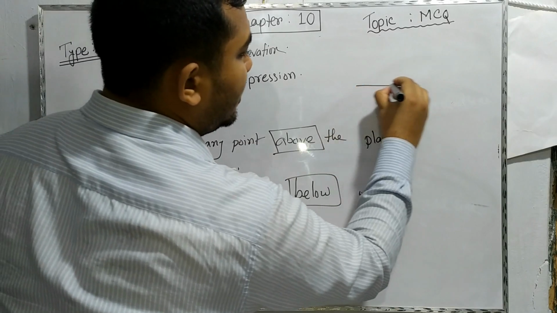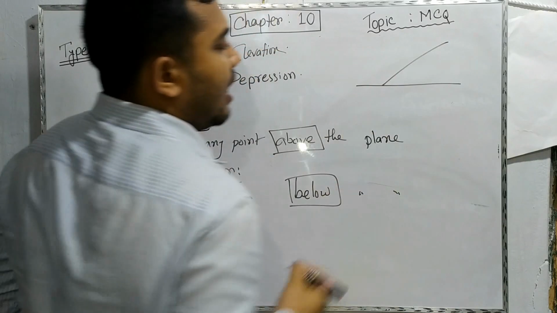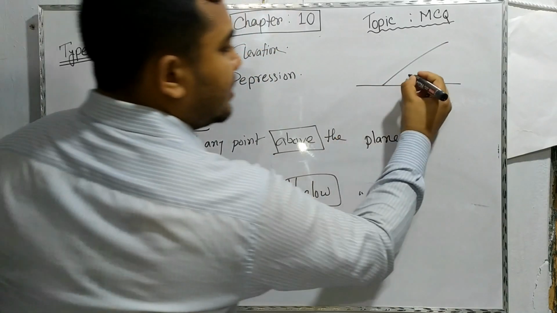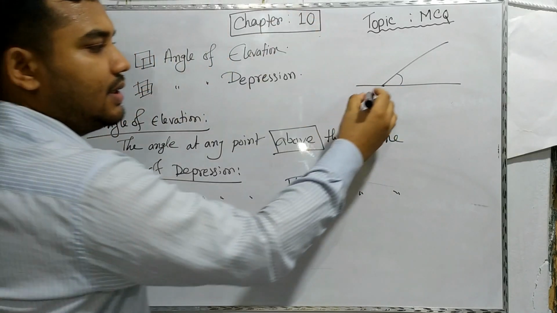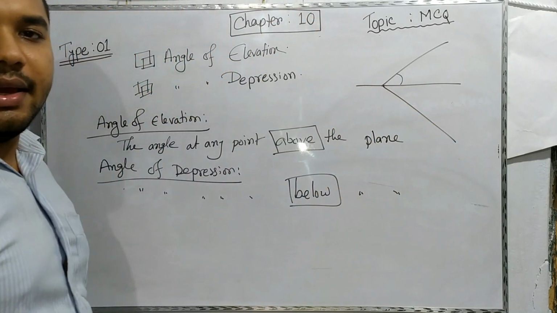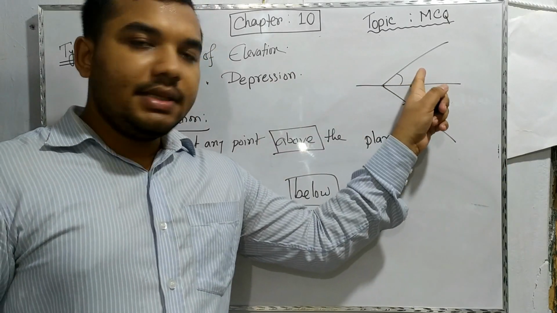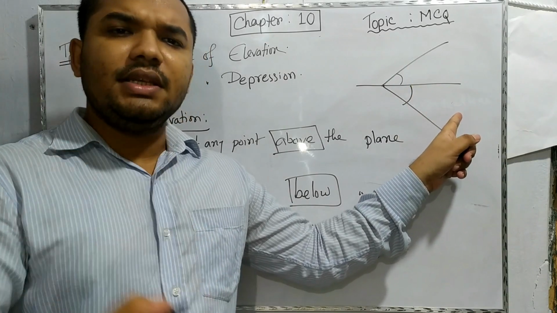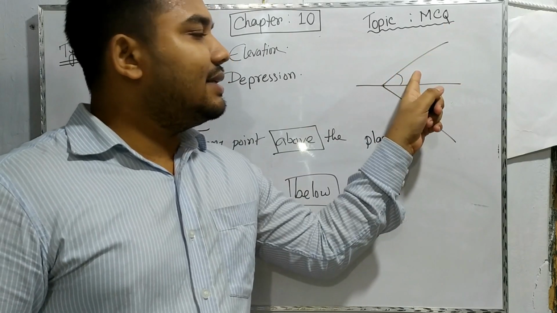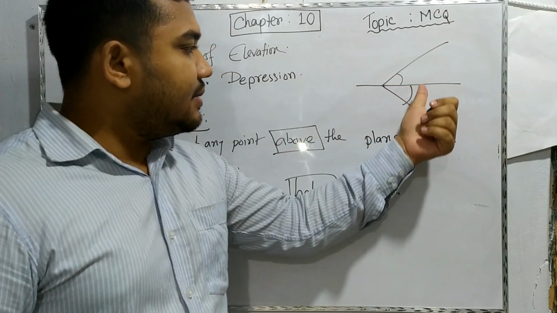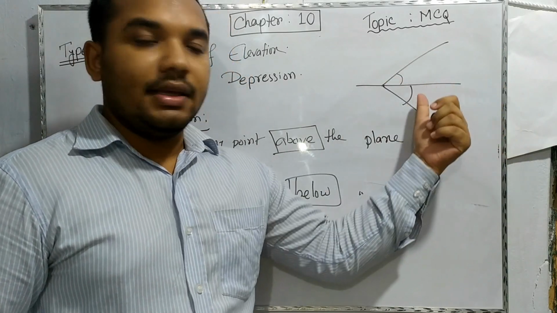Suppose we think it's a plane. In this plane, if we draw an angle like this, and at the same time at that point we draw another angle like this, then what can be said about this angle and this angle? It's very easy for us. Because this angle is created above the plane, and this angle is created from the line below.